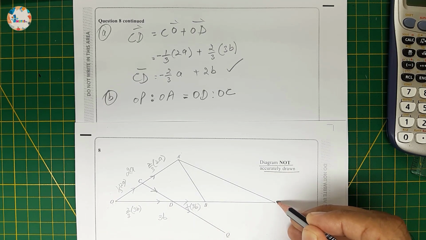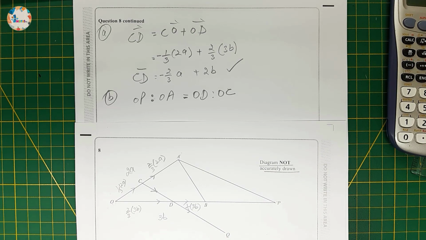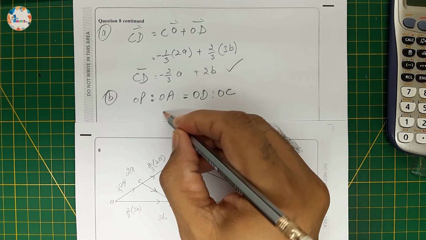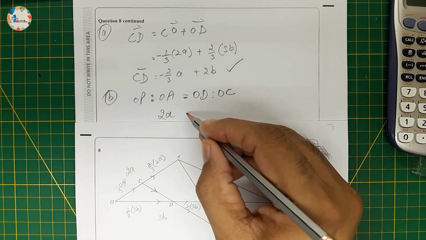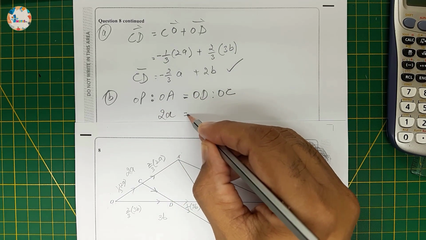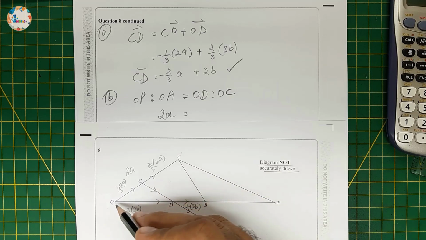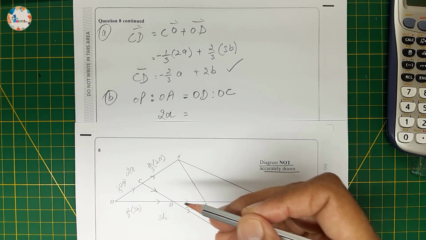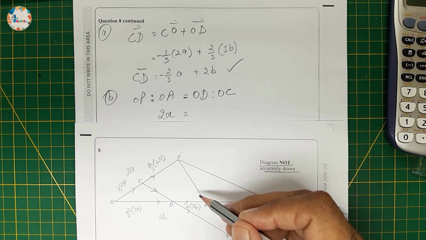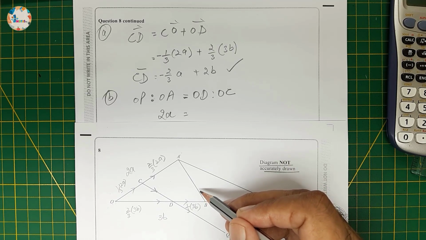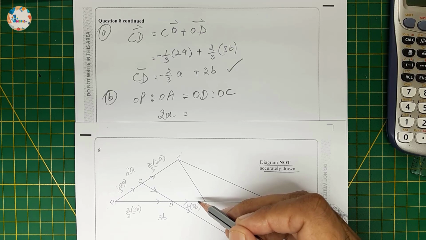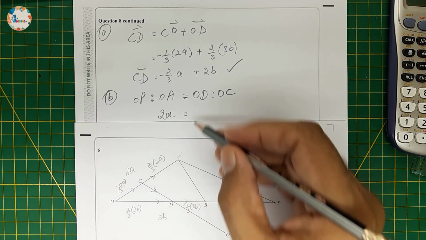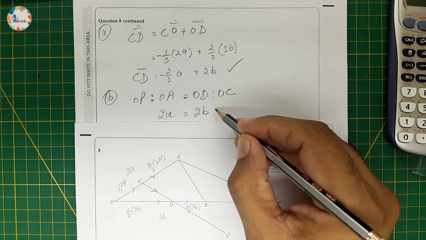We know OA is 2a, so we'll replace it here with 2a. Also we know OD is 2b; the 3 will be cancelled, so this value is 2b.